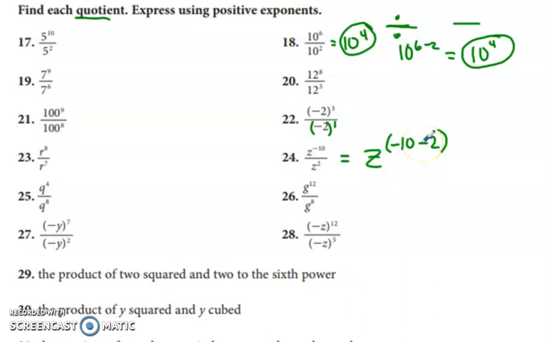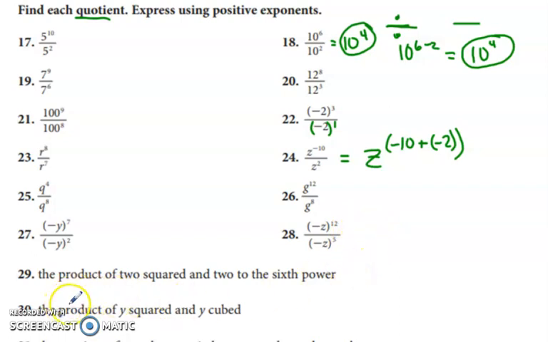Remember, that's plus a negative 2? Oh, that looks ugly. Let me fix that. Plus a negative 2. Okay, remember what happens when you add a negative to a negative, you get? I hope you had the right answer there.